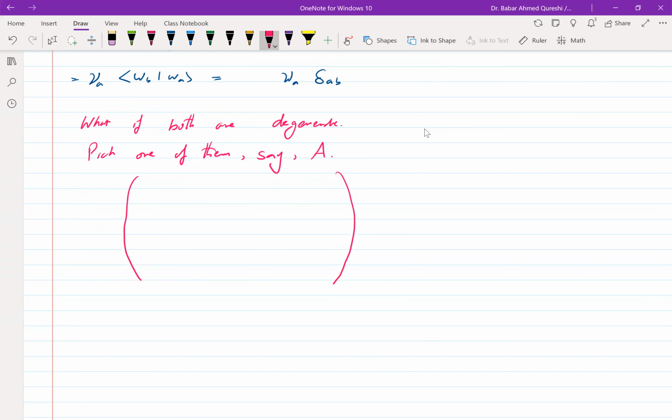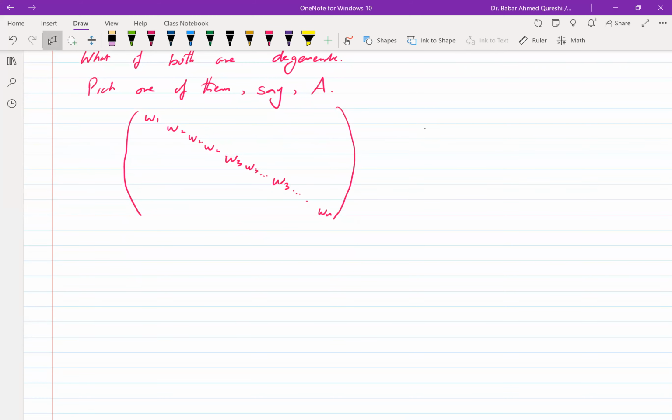So A will have things like this. Suppose W2 is repeated a couple of times. I can always find a basis where A is diagonal. So I start with that basis and see how B looks.